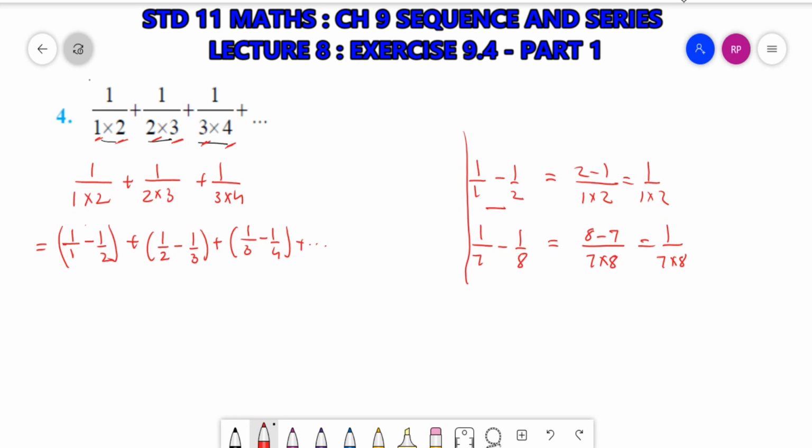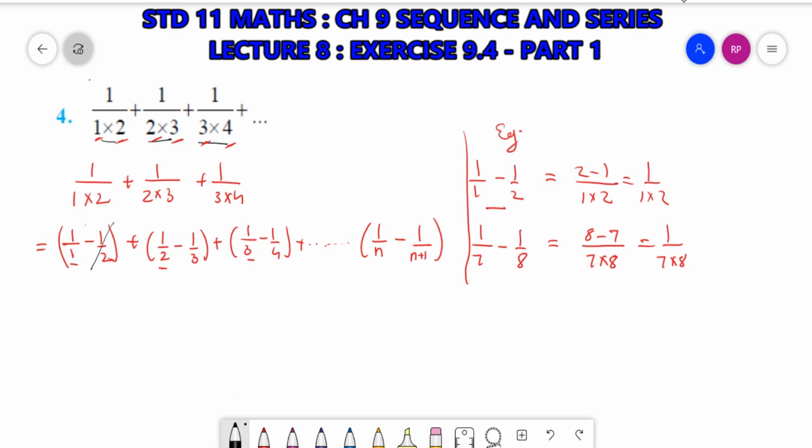Okay, this is just for example. And the final will be, see, first bracket, second bracket, denominator is 2. Third bracket, denominator is 3. So for nth bracket, it will be 1 by n minus 1 by the number just next to n, n plus 1.